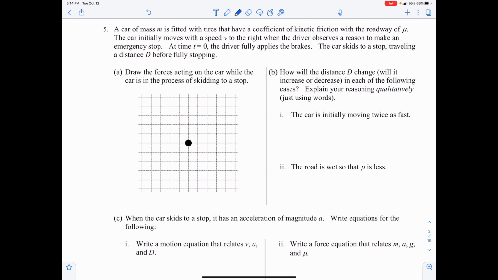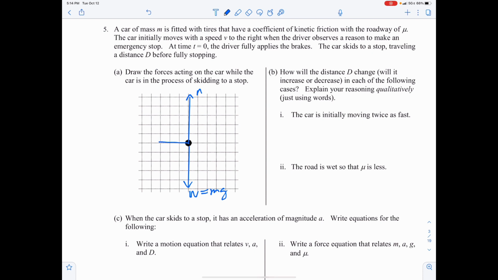Draw the forces acting on the car while it's in the process of skidding. Well, we have essentially two forces. We have a weight and a normal force, just like we drew before. Weight equals mg. Make sure your normal force balances the weight. Like this.